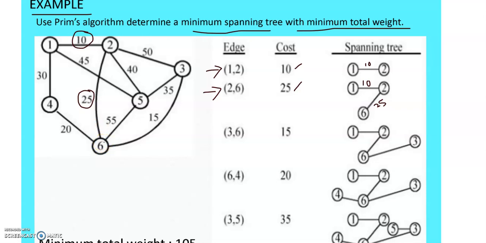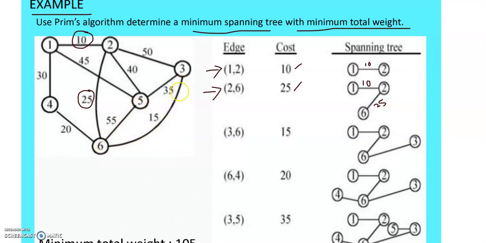Now, next, from here, you see from 6, 1, and from 2 also we can see this edge and this edge and this edge and this edge.